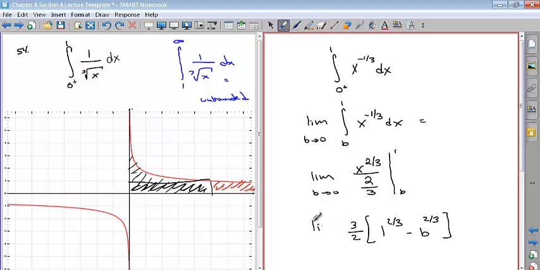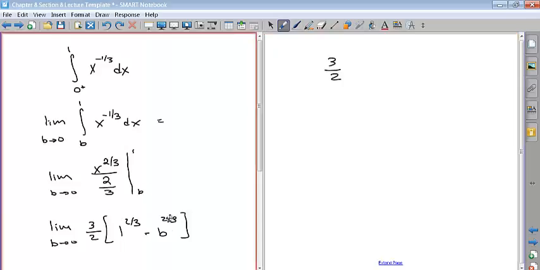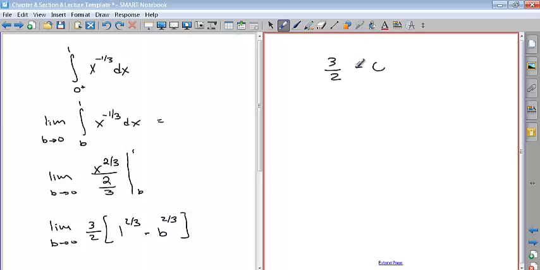And we take the limit as b goes to 0. The first part we just get 3/2, and in the second part you get 0 to the 2/3, which is 0. So the answer is 3/2, so it is bounded.